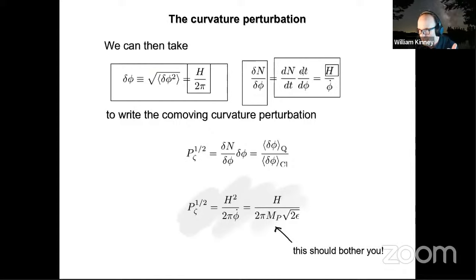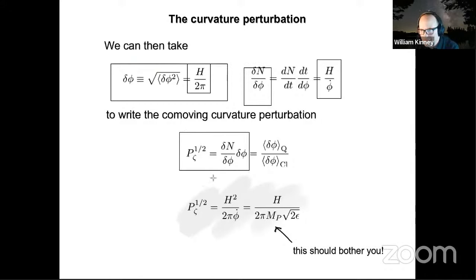So it's dN/dt. We can rewrite this in field variables as dN by d phi, which is just the expansion rate divided by the field velocity, right? That tells you the variation in N with variation in the field. And then we can write the co-moving curvature perturbation, zeta. Now this really is the curvature perturbation, by promoting this flat space field fluctuation to co-moving hypersurfaces using dN d phi.